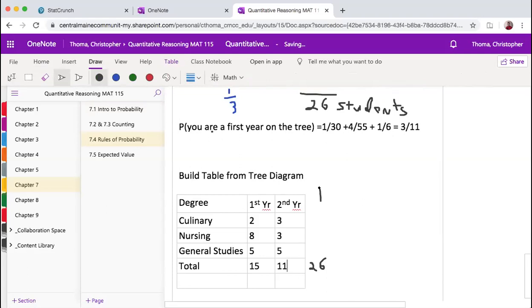And so now I can find the probability of culinary, I'll just call it C, and first year. Well, that is 2 people right here over 26, which simplifies to 1 over 13. And I pray that that's what we get up here.